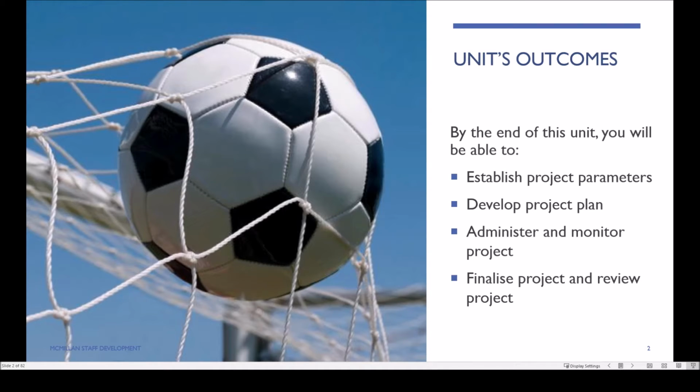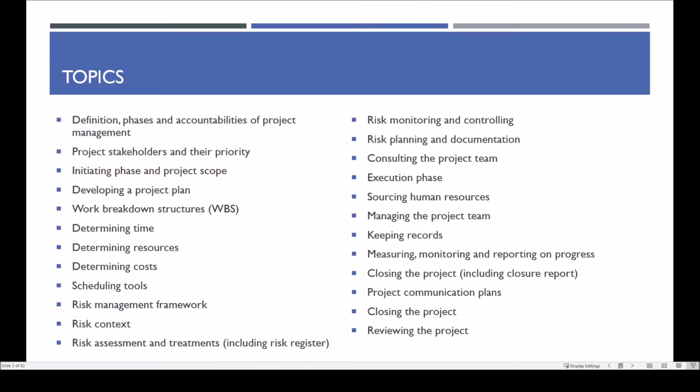However, to cover those off, we've got a huge body of work that we need to skim across for this unit. The Diploma of Project Management on its own, for example, has 12 units of competency within it, and a lot of these topics are covered off individually by units. The context of this particular unit, Undertake project work, is that you're not necessarily a project manager or a senior project officer, but as a manager or a leader, you come across situations where project management competencies and skills would be really handy.